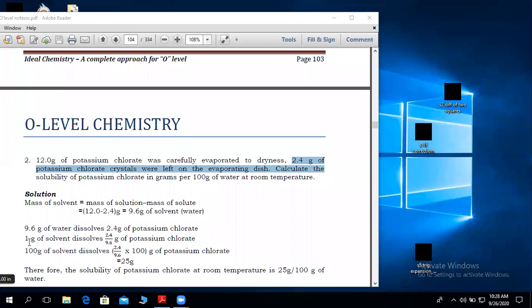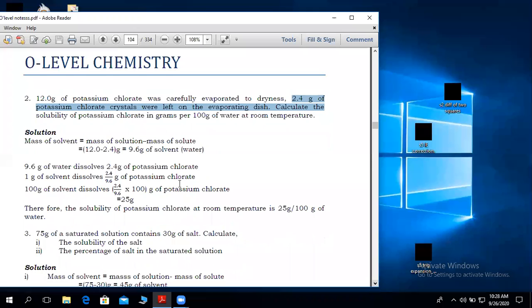So 1 gram will dissolve 2.4 out of 9.6, and 100 grams will dissolve 2.4 out of 9.6 times 100. You multiply by 100 both sides, and there you get the answer as 25, meaning the solubility is 25.